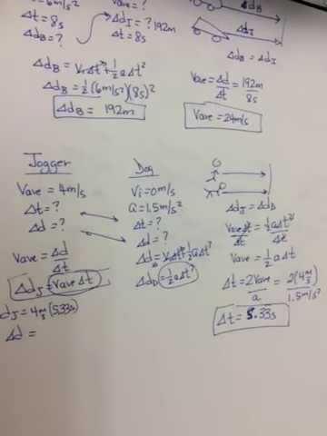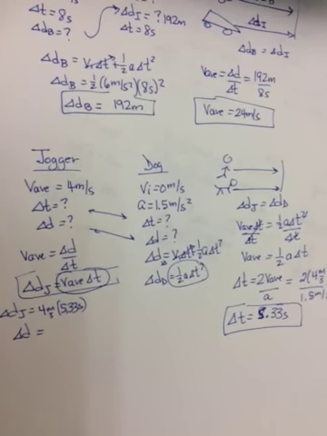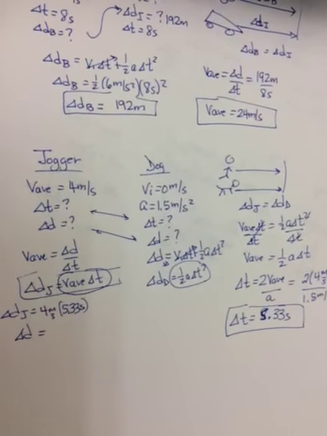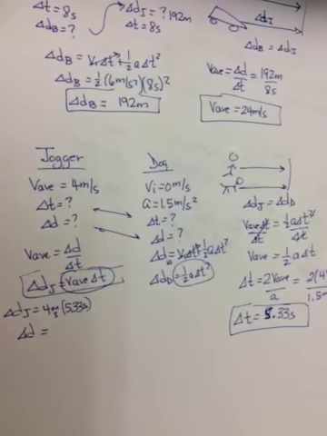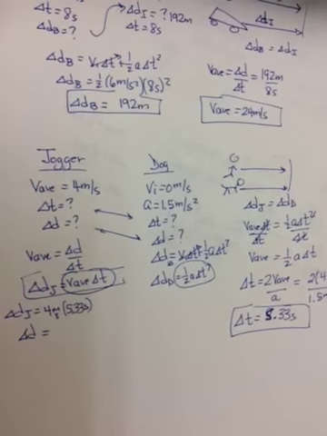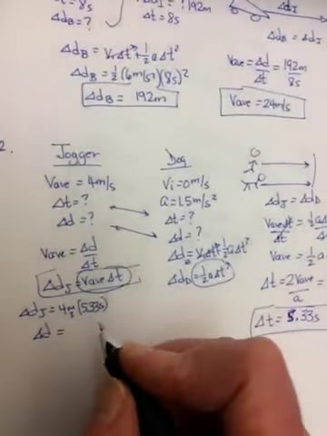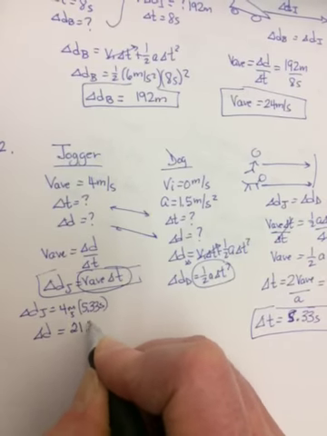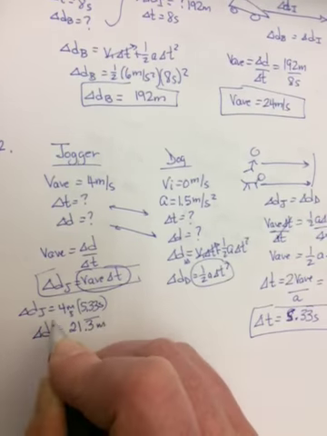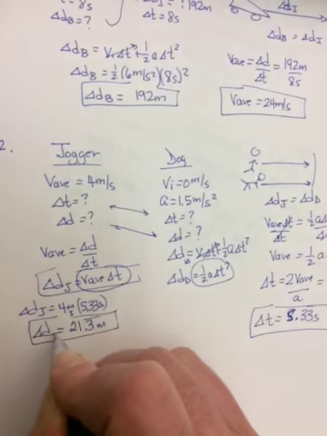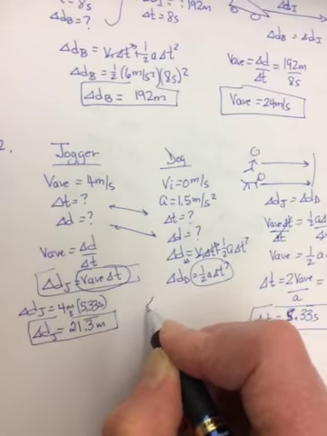Right? Sorry, I'm trying to do it in my head. Times 4. Yeah, 21 1/3 meters. Okay, that's for the jogger, and then you would double check the dog.